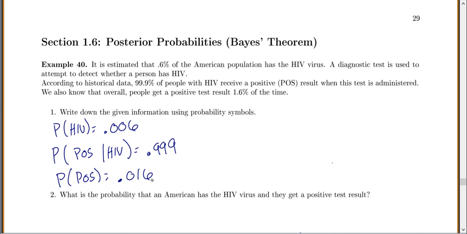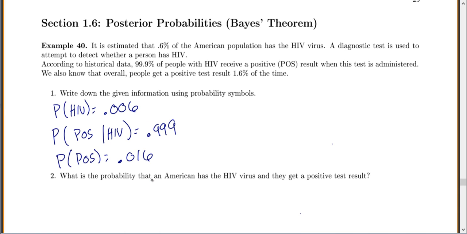So what is the probability that an American has the HIV virus and they get a positive test result? That actually sounds very important. Okay, so we want HIV virus and a positive test result. And means intersection. If you want to find an intersection, you always start with a conditional probability. This is the only conditional probability we know, so let's use that one.